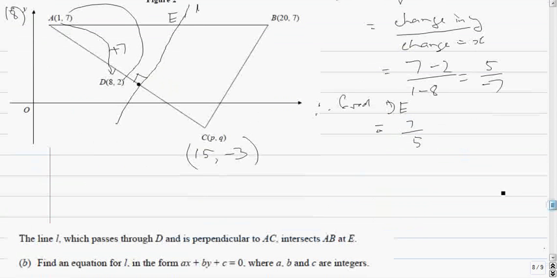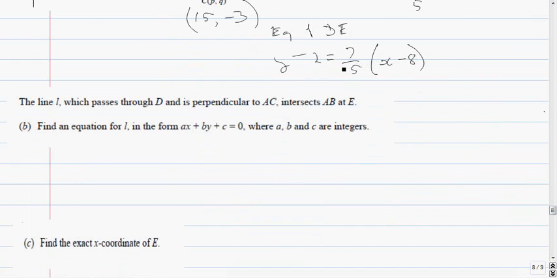So the equation of DE will be Y minus the Y location, 2, will equal the gradient, which is 7 over 5, bracket X minus the X location, which is 8. And they want it in the form as you can see there. So multiply by 5, so that gives us 5y minus 10 is equal to 7x minus 56.